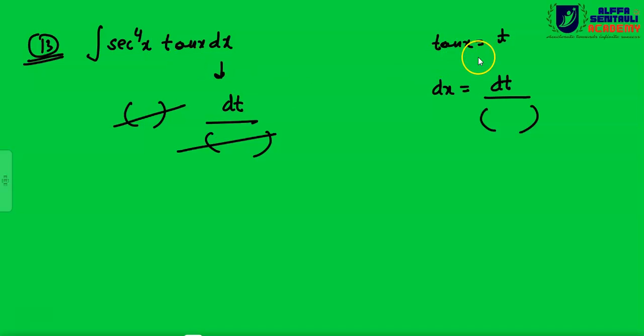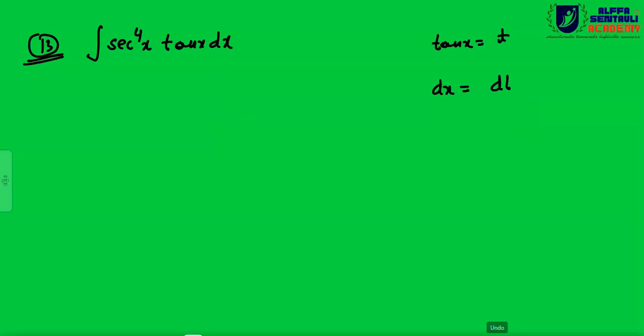So when we differentiate tan x with respect to x, what will we get? Let us differentiate it and find out. So understood why we are substituting and how we are thinking, correct? Now let us differentiate this. Take d by dx on both sides.